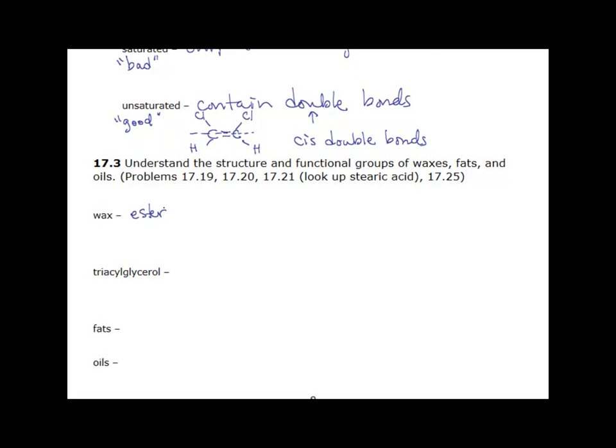But if you think about this, this wax repels water, so it must contain a lot of what? Carbons. So this is an ester. It's a functional group in a wax. So we remember what an ester is, right? Okay, so that's an ester functional group.